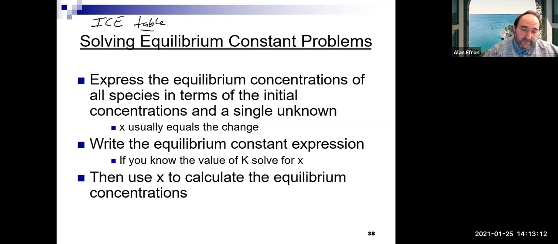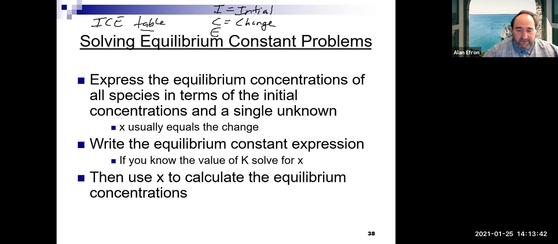We're going to talk about how it works in just a second. But basically what ICE stands for: I is initial, so this is the initial concentrations, initial pressures of everybody. C is the change, so this is how the reaction is changing: how much reactants are decreasing, how much products are increasing.